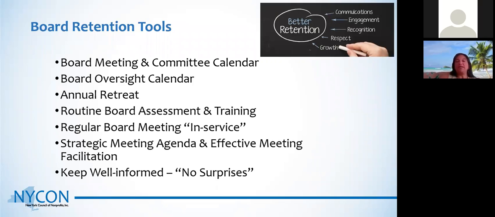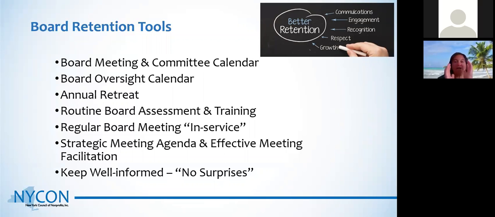So, some of the things to keep board members involved, to keep them on the board and retained. Part of what you're trying to do is formalize your board process, right? You're creating a sum that's greater than the parts. So make sure you have a standing meeting and committee calendar for the year.